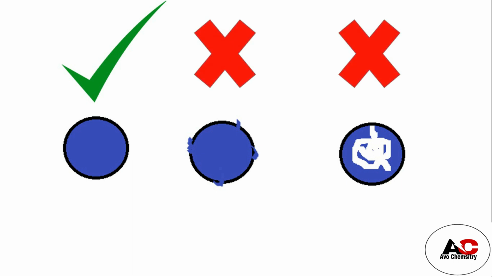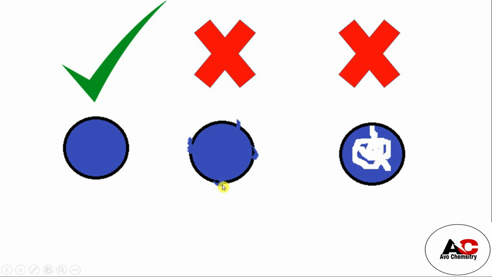Here, students, you can see there are three ways to mark the bubble. Which one shows the correct filling of the bubble? Yes, this one is the correct filling, right? It is completely filled and the mark doesn't go outside the boundary. While the rest of these two show the incorrect filling of the bubbles. Why?